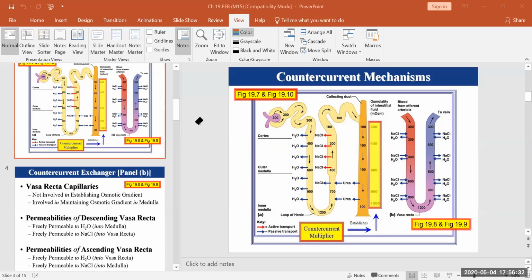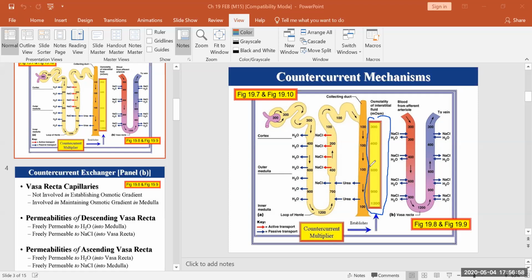Once you have that, the renal medulla has this osmotic gradient. Then the kidneys can use that gradient to concentrate urine. At this point, it hasn't used it yet. Even the juxtamedullary nephron is producing dilute urine.